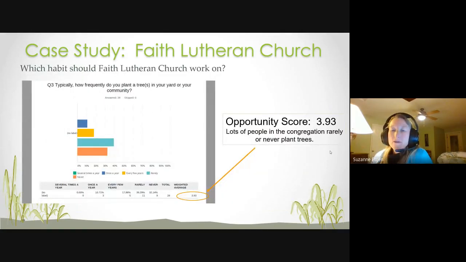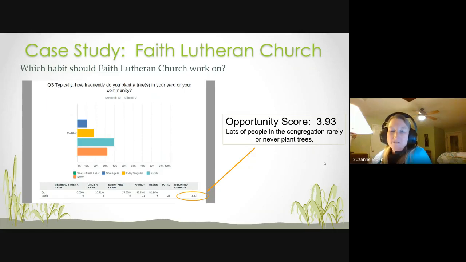So when we talked last, I talked about using this survey to help determine the opportunity score, which is basically a number that helps us understand how many people are not already doing the behavior. And we set up the survey so that it would automatically calculate that for you. And I'm just showing you that, if you do a survey, like the one that we launched, you can get it.